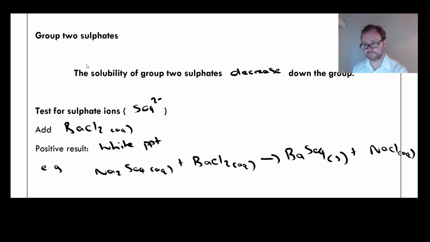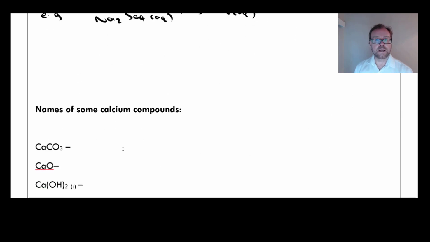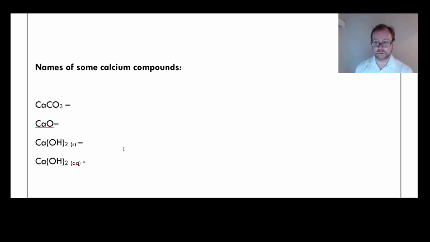NaCl(aq), balanced. Therefore this must be my white precipitate. So that's a test for identifying sulfate ions. Let's make that a bit more clearer. Okay. Right, and then lastly, told you it was a quick one this week.